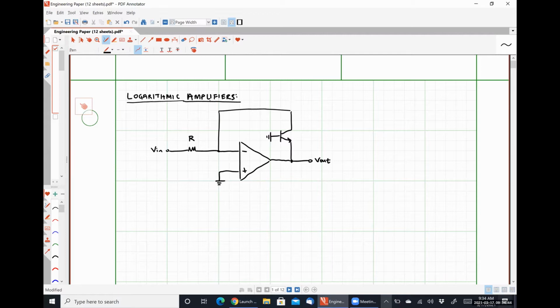So just to be clear, because it's been a hot minute since we've looked at BJTs, this is our collector, this is our base, and down here is our emitter. So the direction for our collector current is as follows.